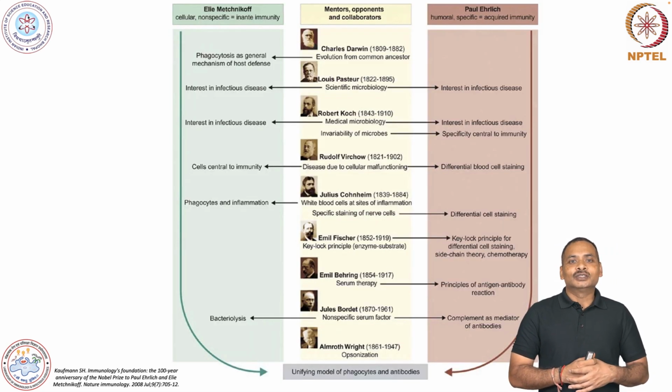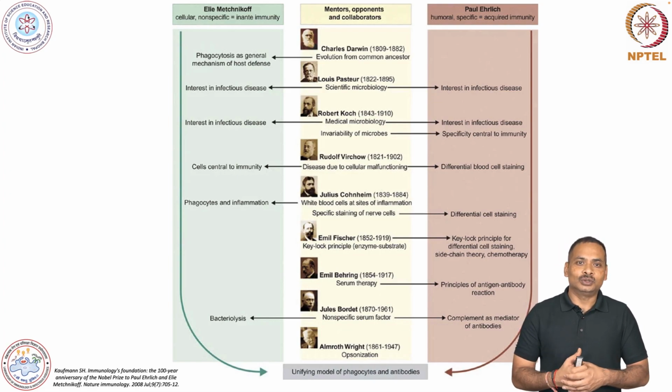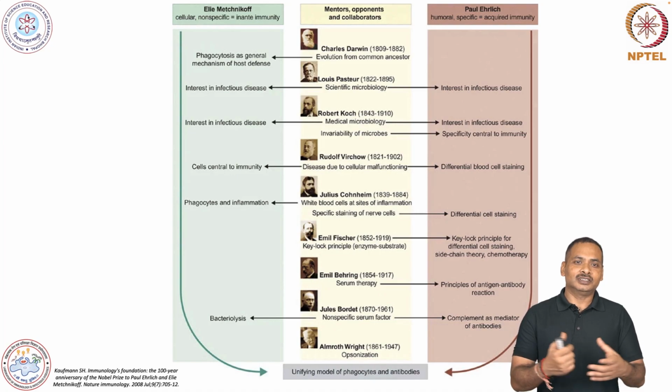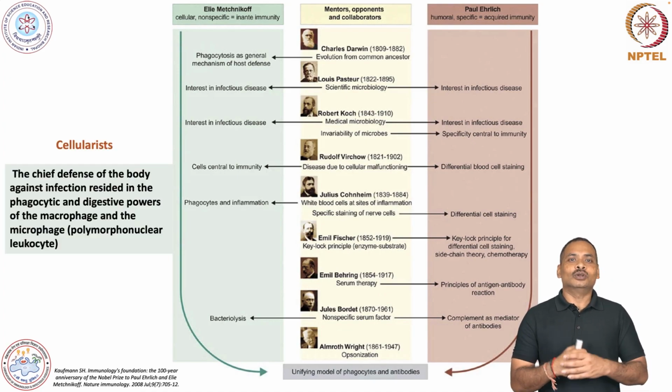Okay. So here I have one very nice slide which I have taken from this article. If you want to see this article, you can go through it. Anyway, I am going to talk about the two schools of thought.